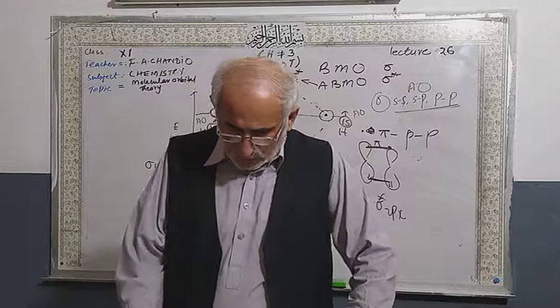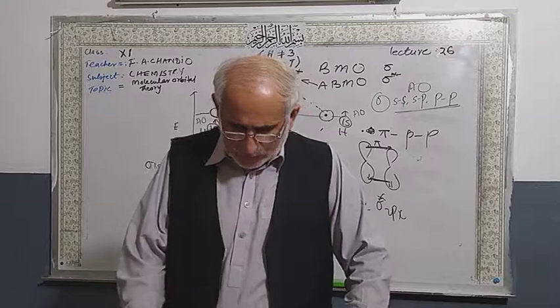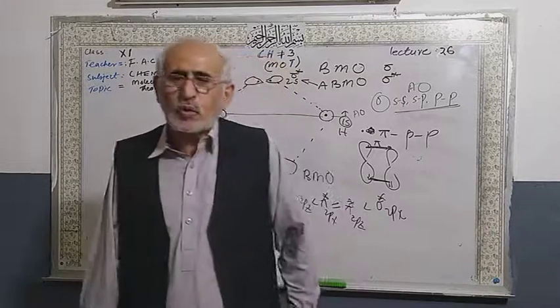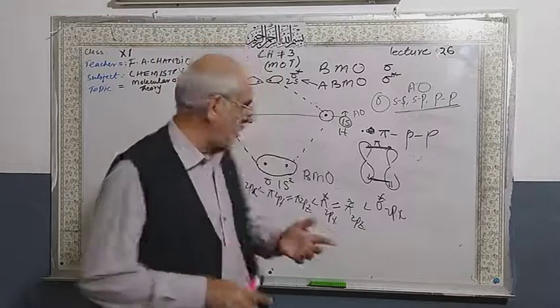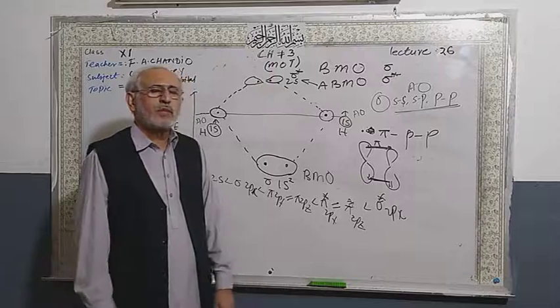Yes, the pi molecular orbitals, pi 2py and pi 2pz, are also degenerate. So there are two sets of 2p orbitals: this is one set and this is the other set.